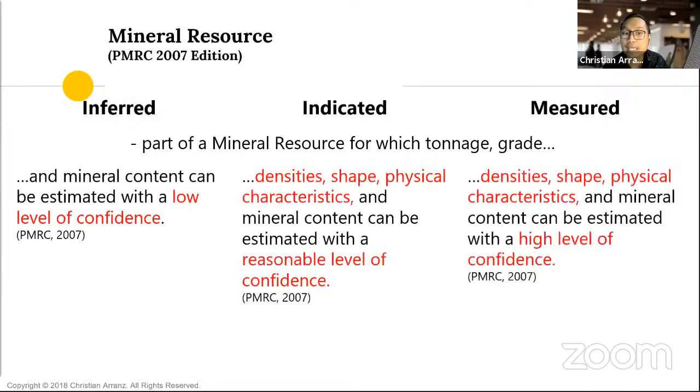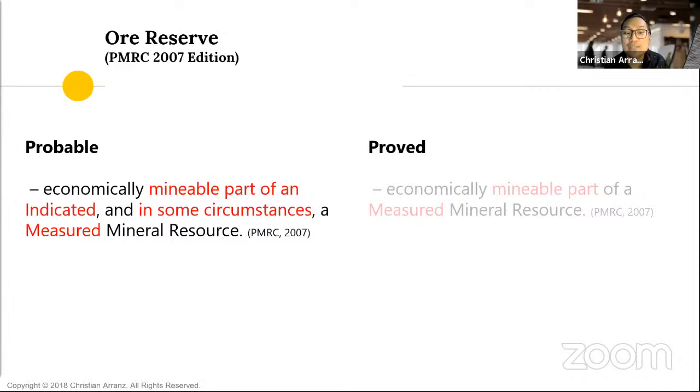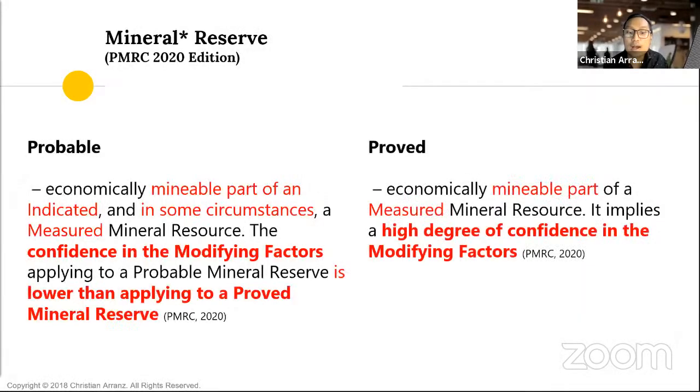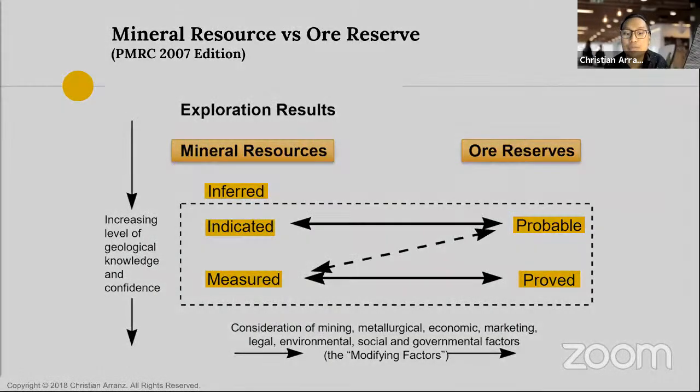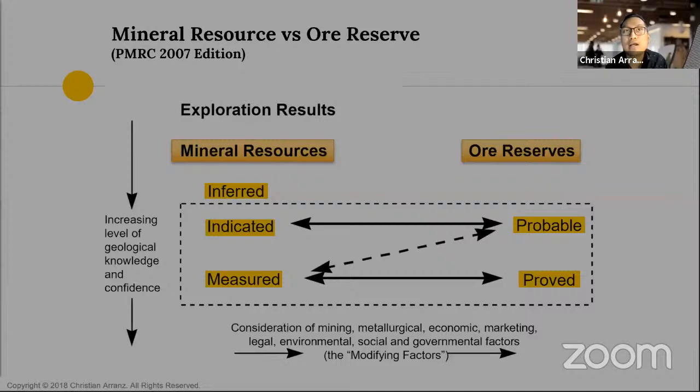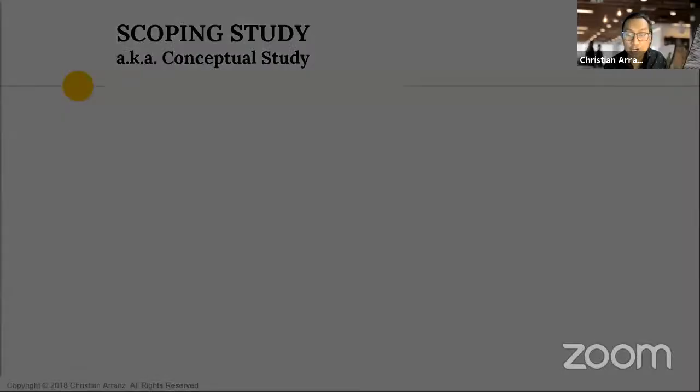Now we stop at the next portion, which is actually the feasibility studies. Okay, so before there was a bit of a lack of information about the feasibility studies in the 2007 PMRC edition, but in the 2020 edition, may mga specific sections na nag-expand or nag-expound ng mga nangyayari sa ating feasibility studies. So last time I mentioned that there are three.